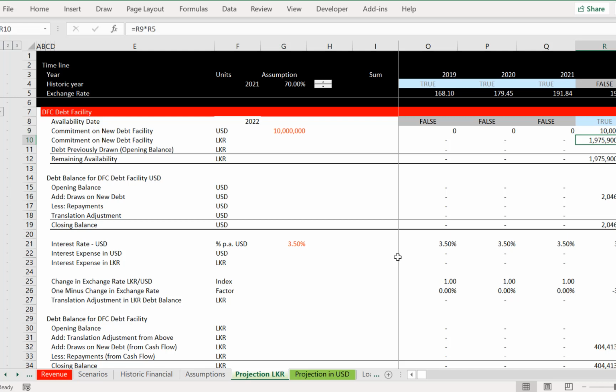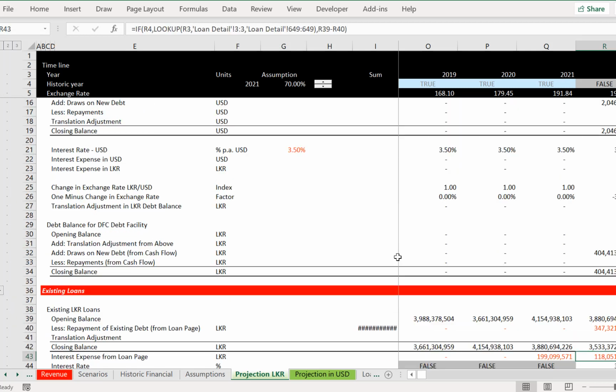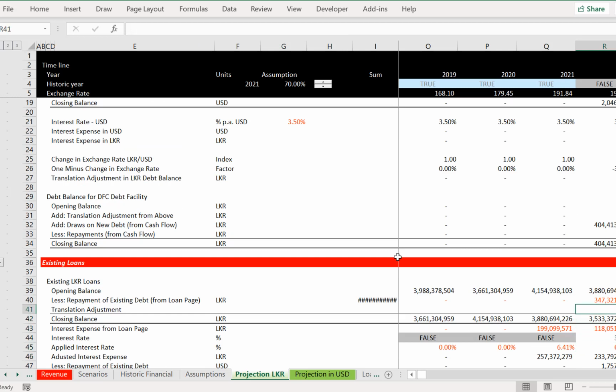And if you're going to make a corporate model or a project finance model, I hate the translation adjustments. And all I can say on the translation adjustments is you better get the percent change in the exchange rate, and you use that percent change in the exchange rate and put the translation adjustments in somewhere.